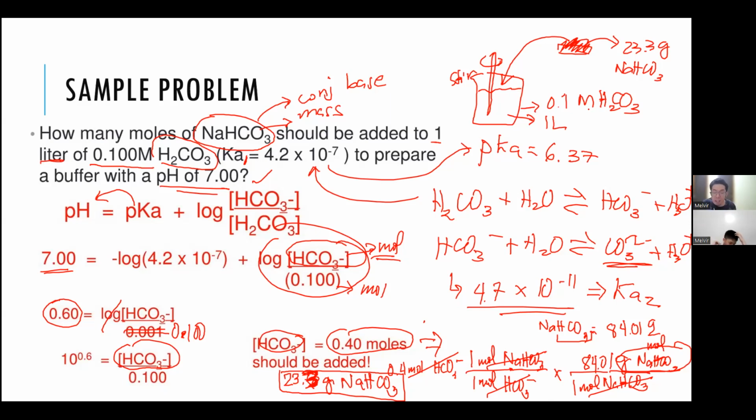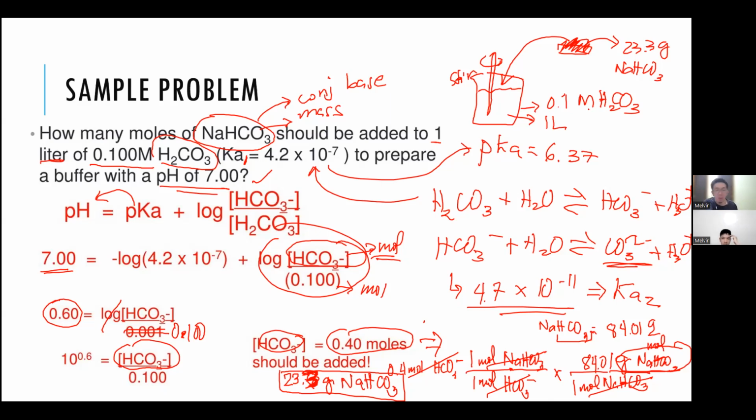If it's lower, let's say 6.98 ang nabuo mong pH, ano ang ilalagay mo dun sa buffer? Strong base. Usually, 0.1 molar NaOH. Kaya usually sa mga labs, Joshua, may naka-ready 0.1 molar HCl and 0.1 molar sodium hydroxide, kasi pwede din siyang gamitin sa pang-adjust ng buffer.